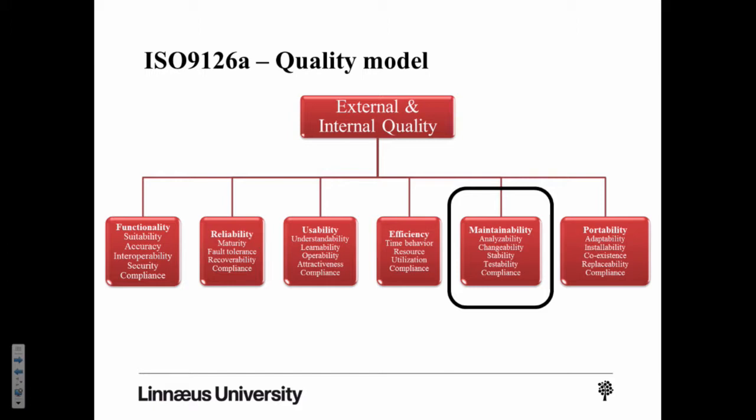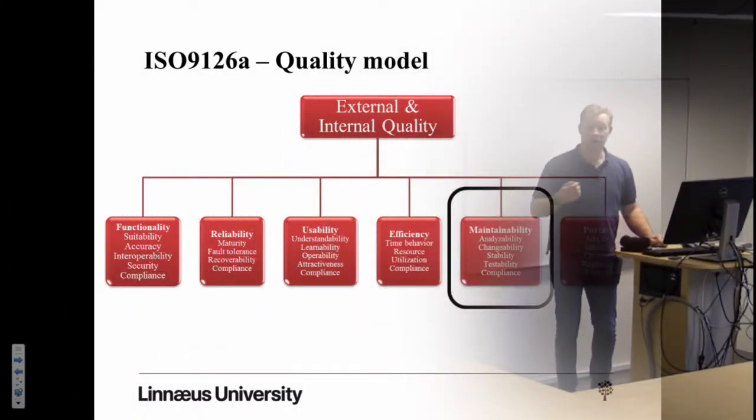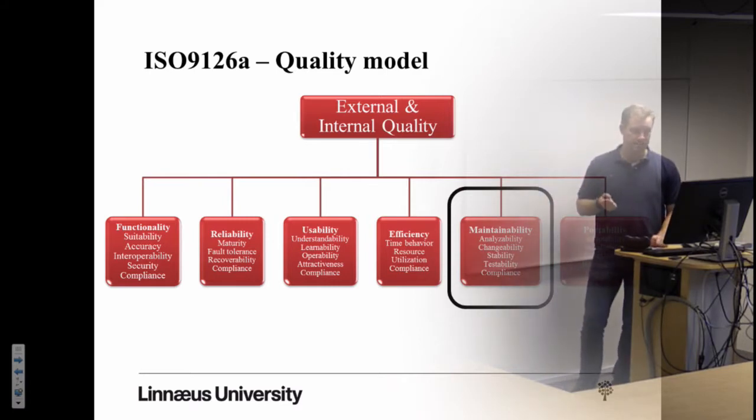Well, according to this standard, it's about analyzability. If you want to maintain something, it's important that you understand what it is. And something that is easier to analyze is typically easier to understand compared to something that is not. So, what else do we have? Well, we have a property called changeability.